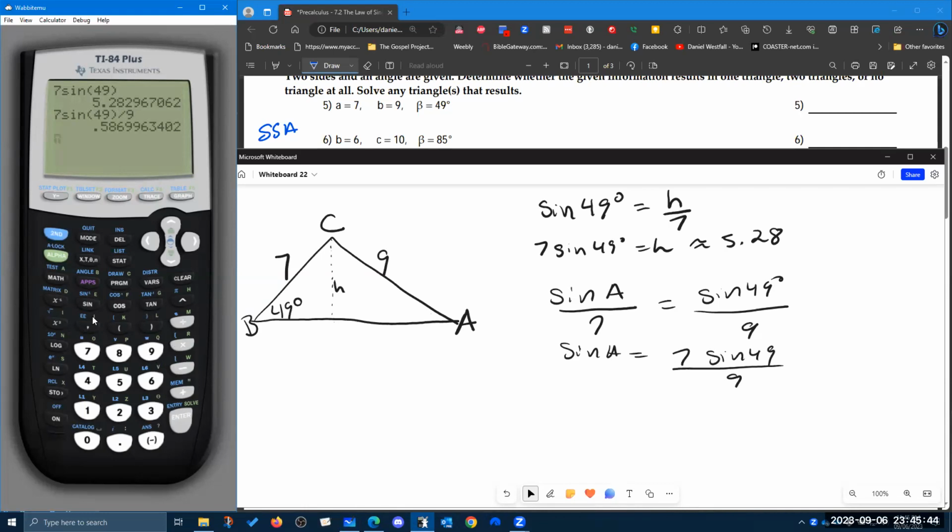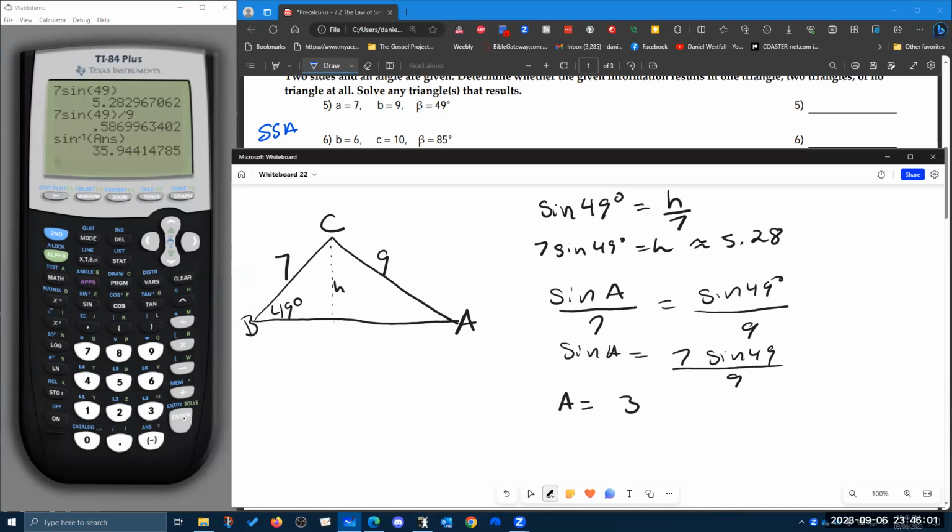I immediately want to take the arc sine of this answer here. Let's say that A is equal to 35.9, and I'm just going to use all of this. Degrees, right? I know that I'm going to round that to the nearest hundredth of a degree.